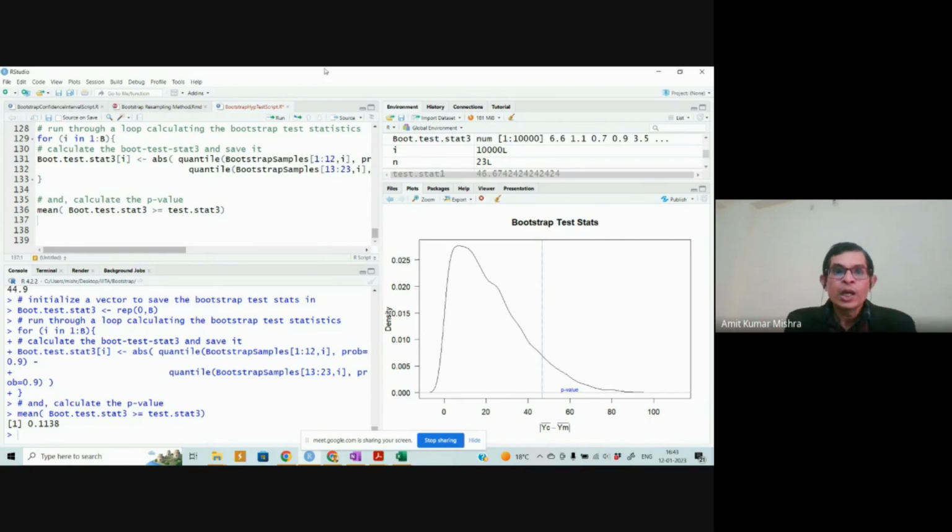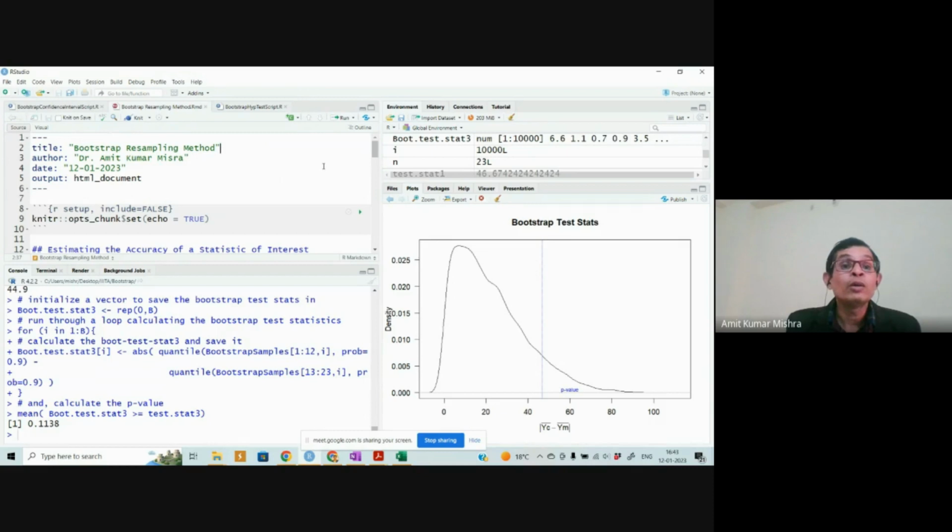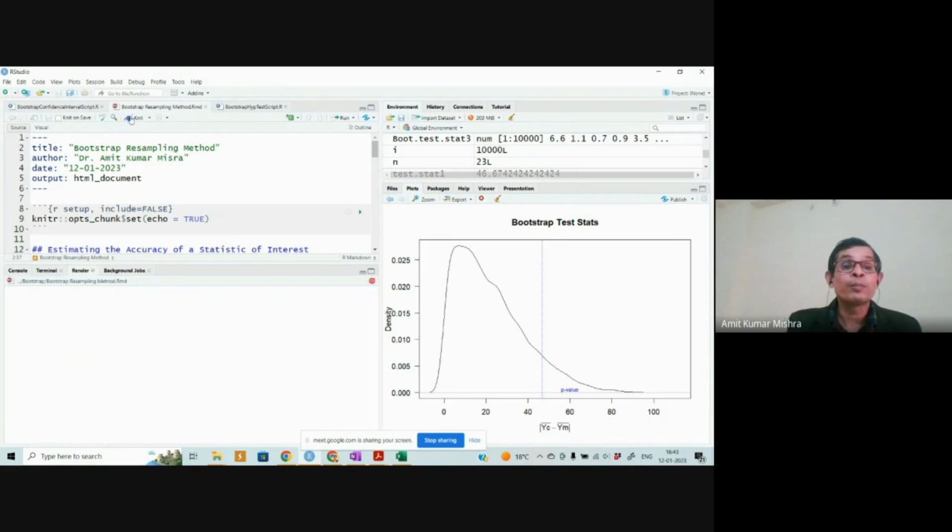Okay. Now, instead of doing testing of hypothesis, if I want to do the same thing which we have shown you from the book, I am going to show you that example of the book with the boot function.